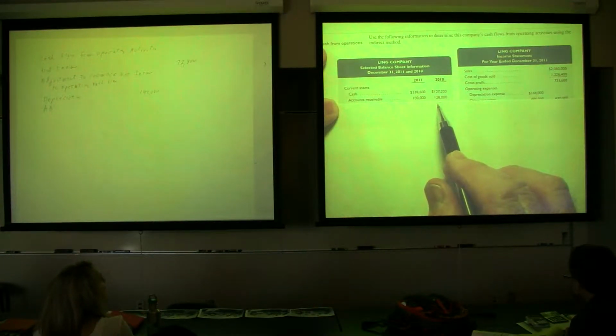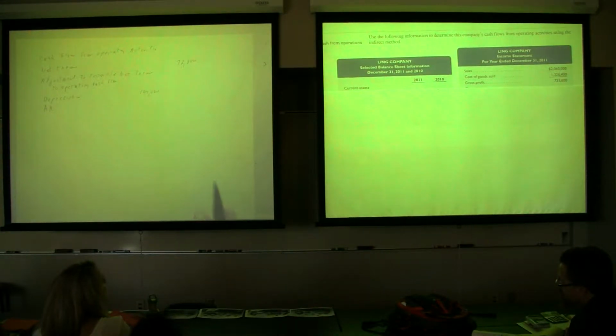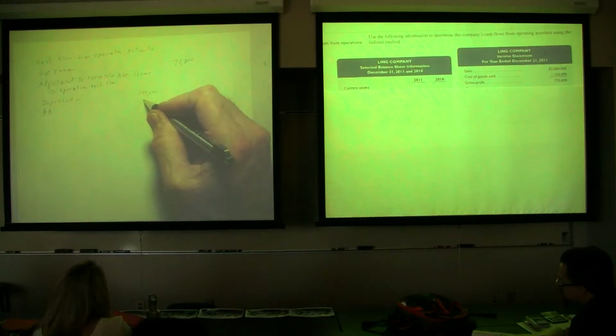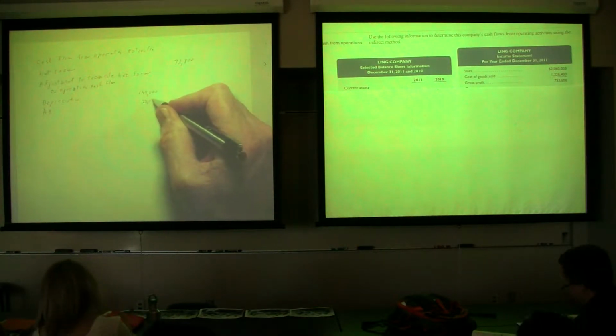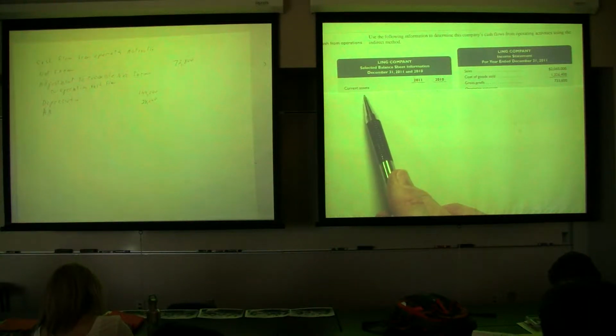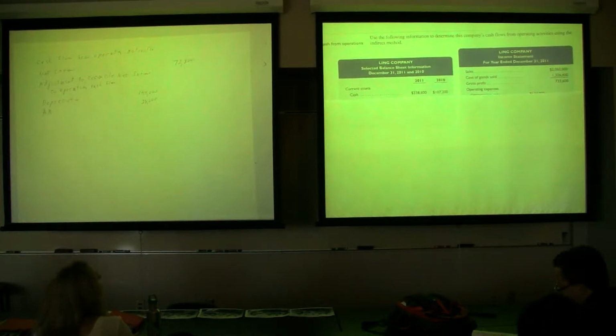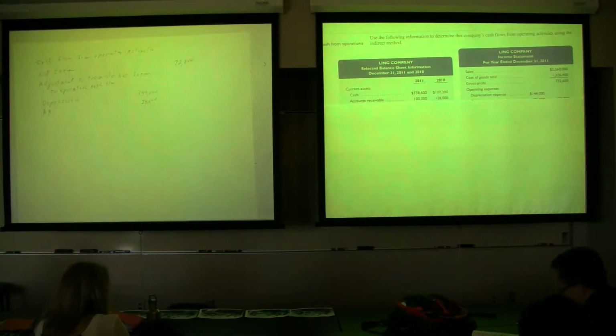So you need to increase the net income by 28,000, because from a cash basis, it's when you receive the cash that it counts, right? So this decrease here, okay?